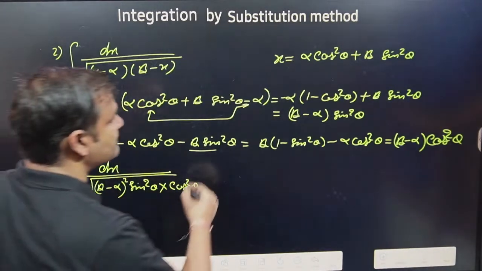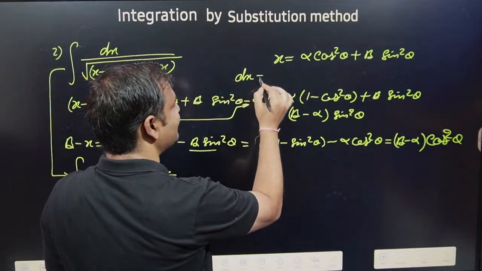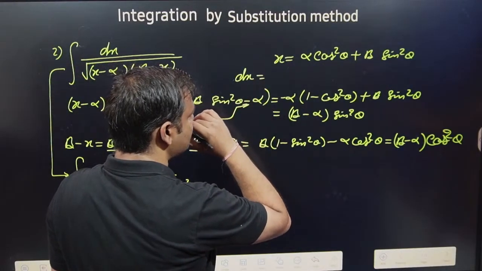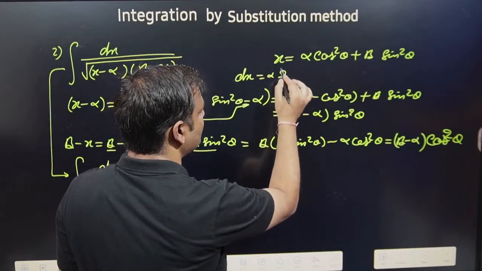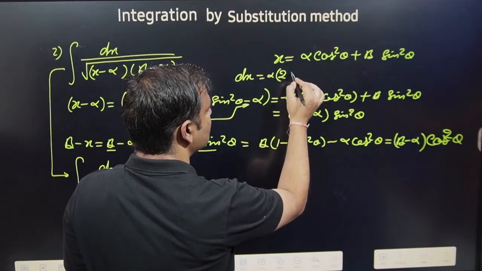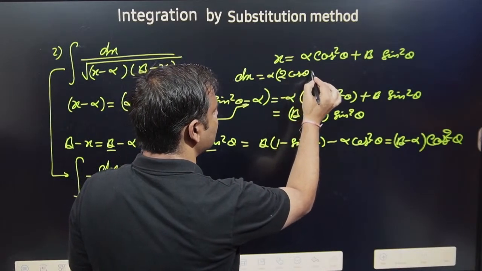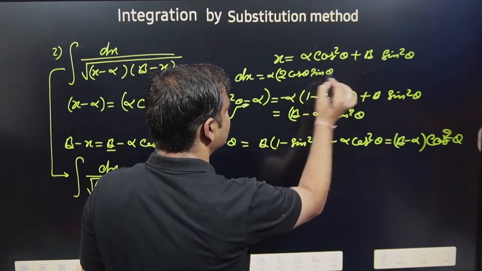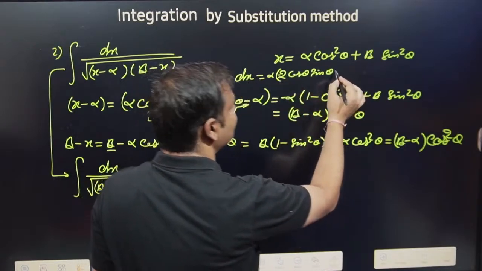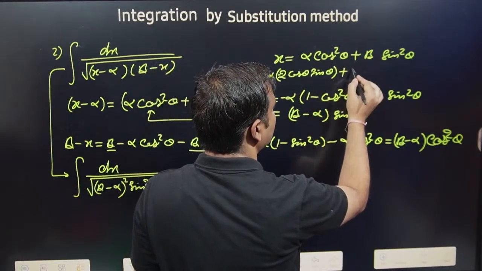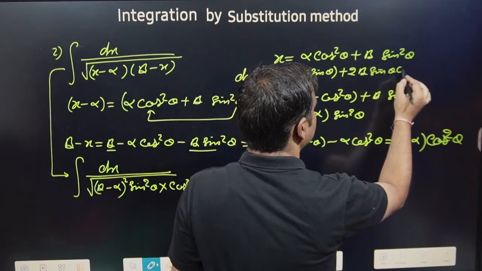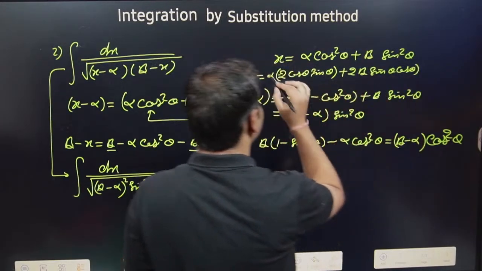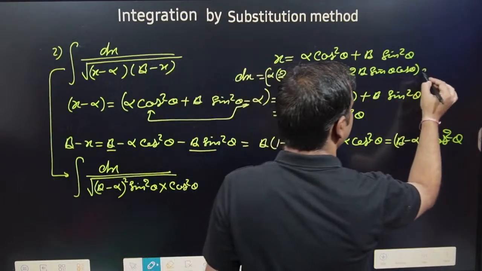And what about dx? dx is simply alpha times 2 cos theta into minus sin theta, so minus, and here 2 times beta sin theta into cos theta d theta.